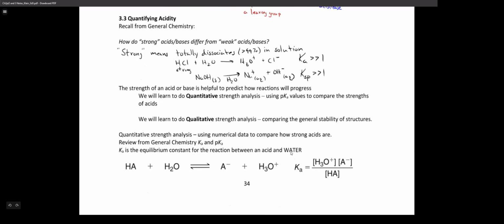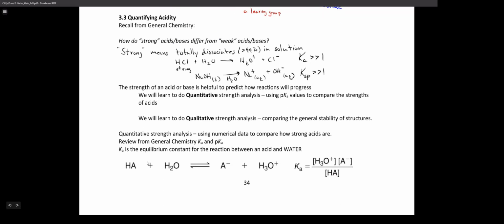Now you'll remember from last semester, the way that we quantify Ka values is that we look at this equilibrium right here, or this equilibrium.